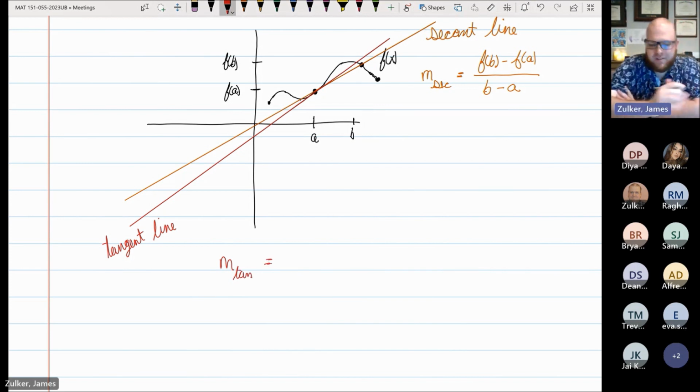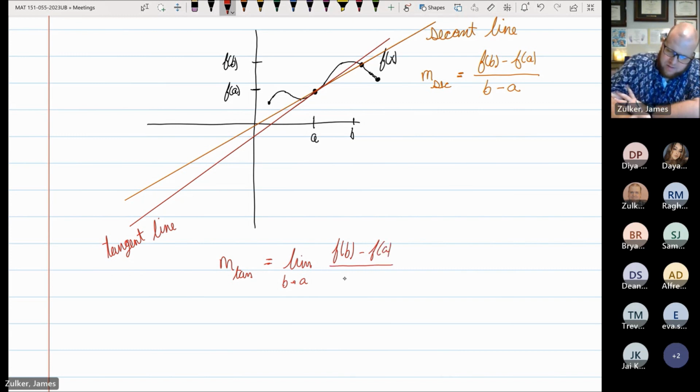Slope of the tangent line would then be this limit. This is how we define a derivative.